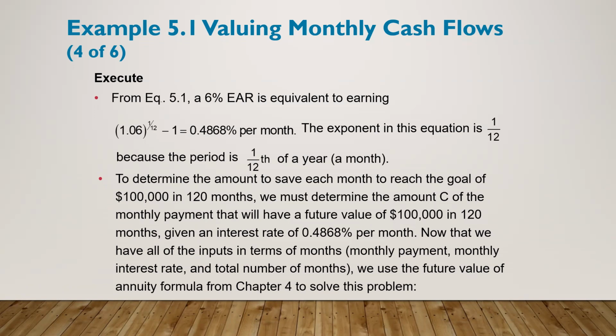0.4868% per month. Now that we have all of the inputs in terms of months, which is monthly payment, monthly interest rate, and the total number of months, we use the future value of annuity formula from chapter 4 to solve this problem.